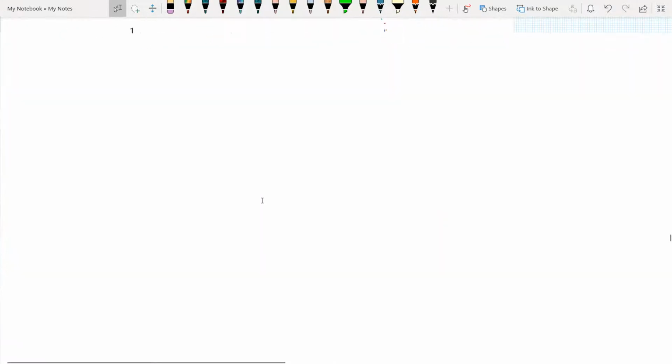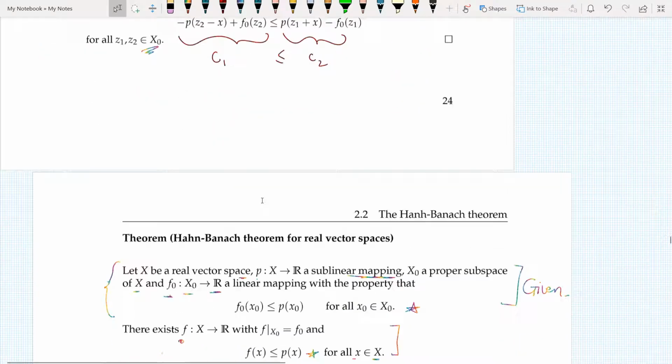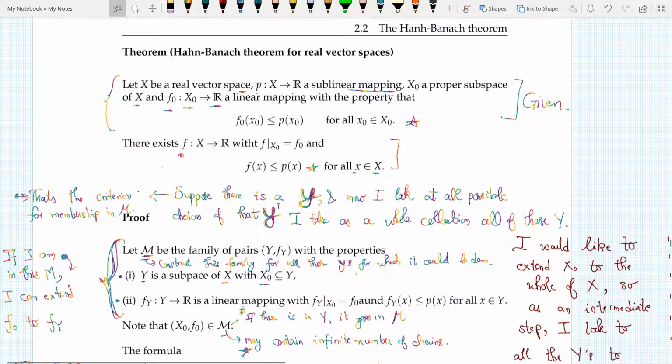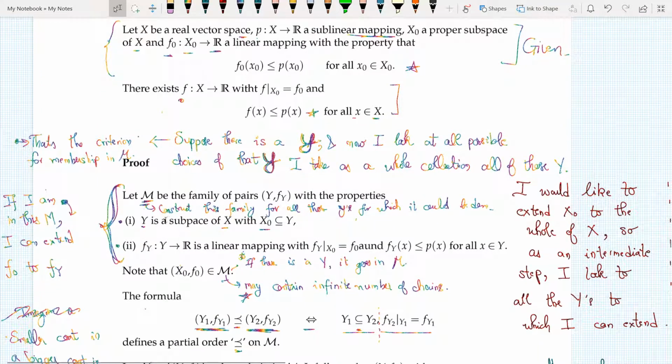So in the same way, I'm saying that, okay, let us take all those Y's to which I can extend and say that those small y's belong to my capital Y. So that's why I had this initial idea of extending my X naught to capital Y.